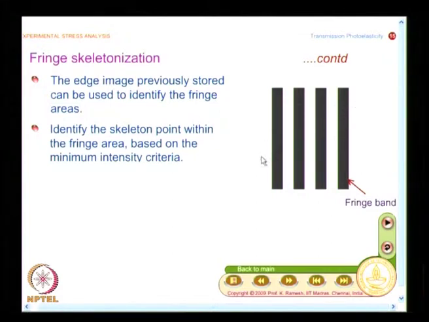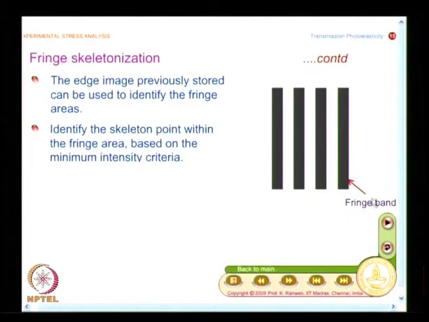Suppose I scan the image horizontally, and within the fringe band, if I identify the minimum intensity point and make that the fringe skeleton, then my job is done. So, I need to develop a scanning mechanism which is appropriate to the image, and within the fringe area, that is start of the fringe, end of the fringe, within that pick out the minimum intensity.